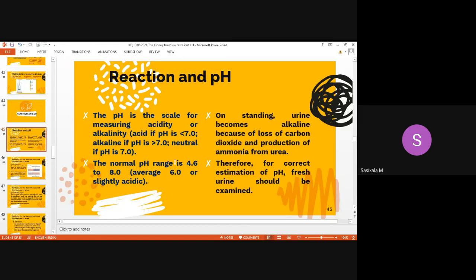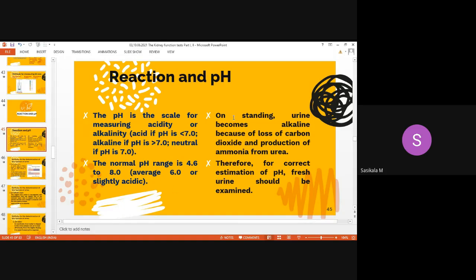The normal pH range of urine varies from 4.6 to 8, with an average of 6, which is slightly acidic, less than 7, so it will be slightly acidic urine.